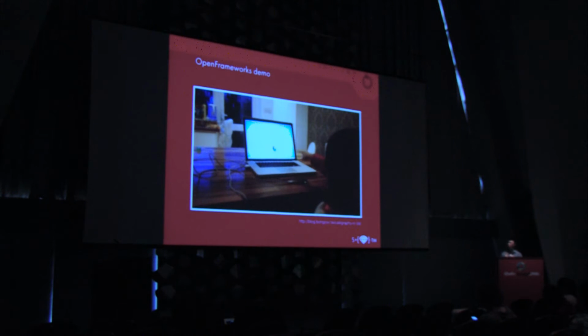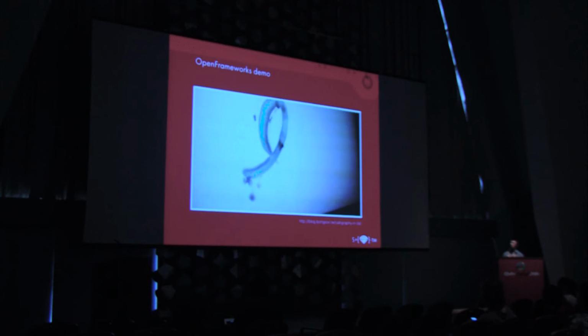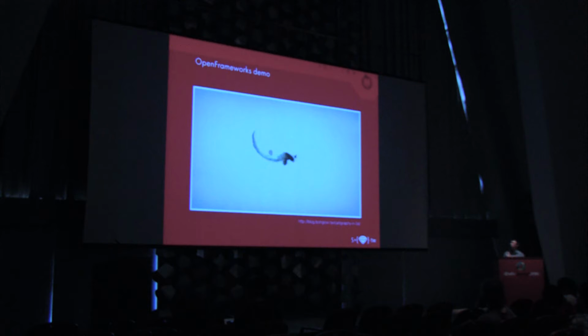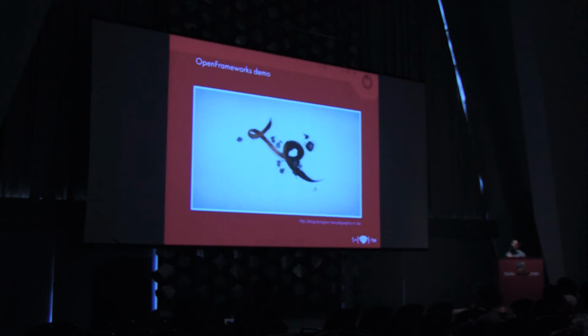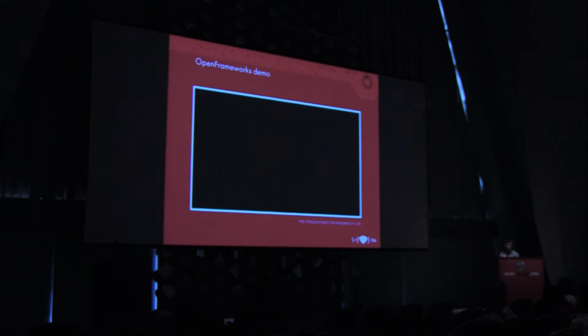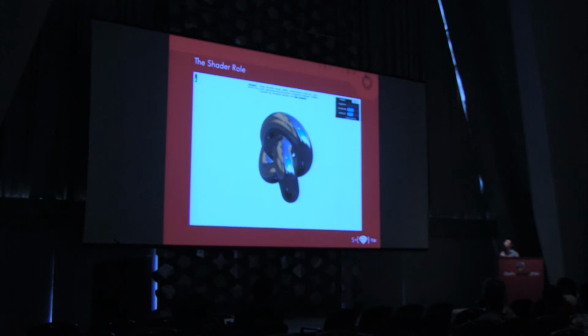So they use openFrameworks because it wraps OpenGL and OpenCL, and they can use it to create visual or audio effects. These artists may not know how to program, but they can create very special effects.